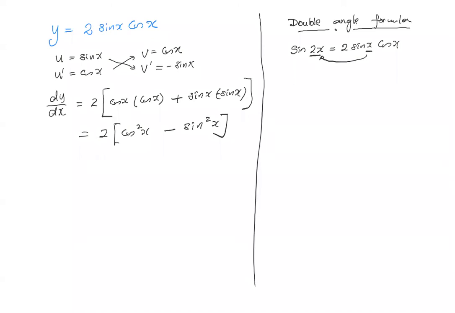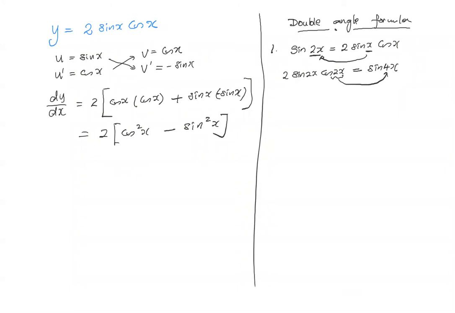So if I have 2 sin 2x cos 2x, I can simplify this as sin 4x. I have to double this angle. So this is called a double angle formula, the first one. Clear?